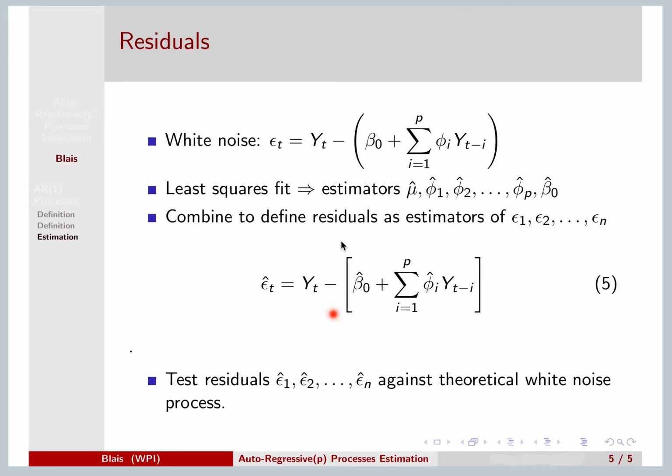So we form these residuals and test them against the theoretical white noise process. Do you believe that they actually come from your white noise process? For example, if you had assumed Gaussian white noise, you can do a statistical test to check if these actual residuals are consistent with that Gaussian white noise process. If they are, that is evidence in support of this being a good model, or I should say an appropriate model for your given data.